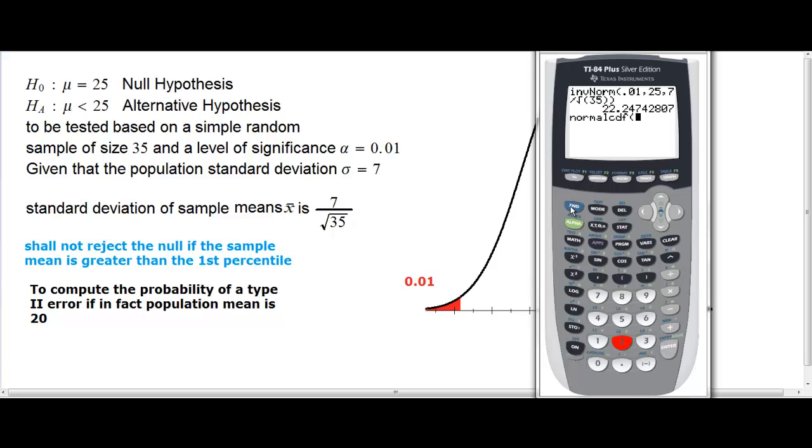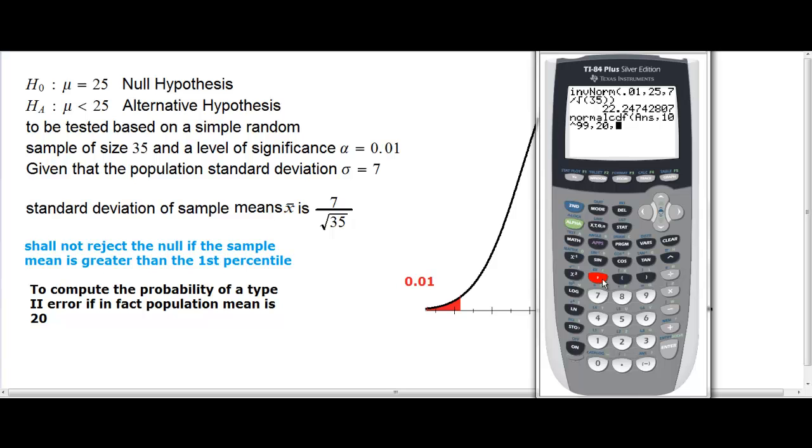So what do we do? I think the easiest way would be to put second answer. We are going to the right, and it can go as far as the calculator can handle. The population mean is how much? 20.